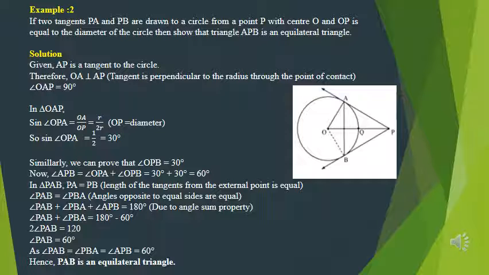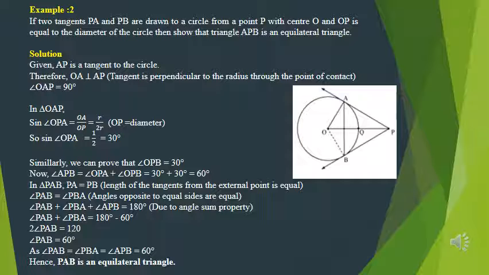In triangle OAP, sine of OPA is equal to OA by OP, that is perpendicular by hypotenuse. So we can write R by 2R, that is 1 by 2, and we know when the value of sine is 1 by 2, the angle is 30 degrees.